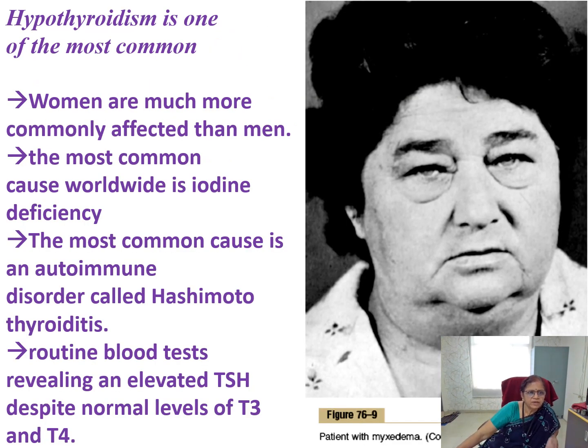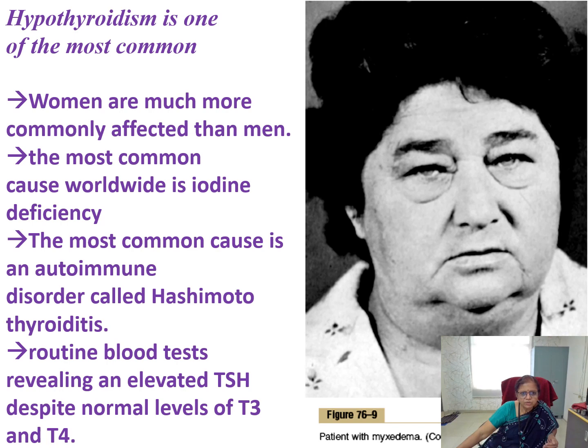Hyperthyroidism is one of the most common conditions in females. I have given this case scenario before explaining hypothyroidism, so that if you have good knowledge of the hypo condition and the hyper condition, depending upon the case scenario, we can find out whether it is hypothyroidism or hyperthyroidism.